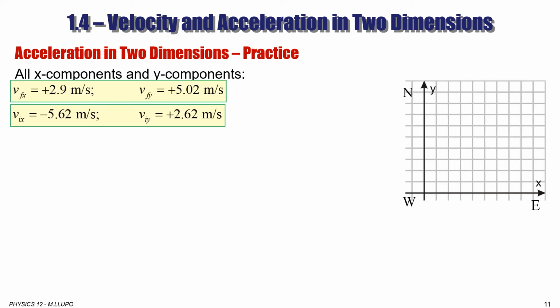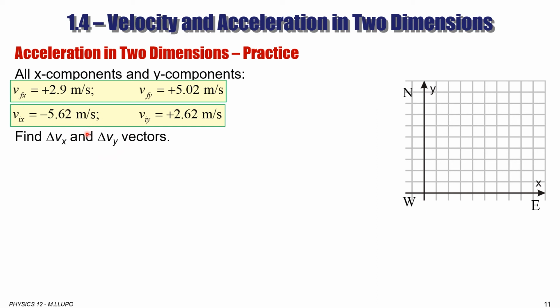After you have calculated the X and Y components of V initial and the X and Y components of V final, you group X's together and Y's together. Remember, signs do matter. Don't forget signs. And another thing is, don't forget that you are not adding them up. You are subtracting: V final X minus V initial X to get the change in velocity on the X axis.